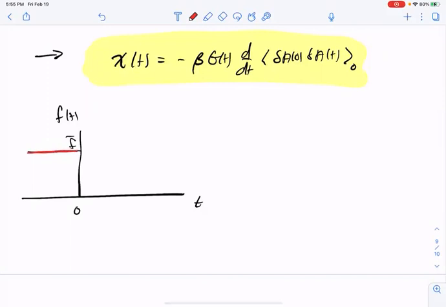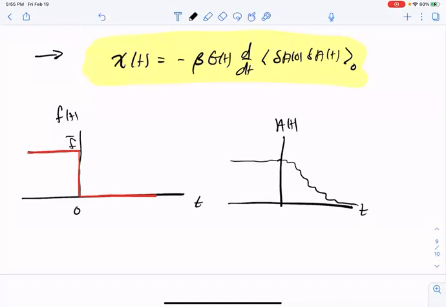We turned it on, we kept it on at minus infinity in time and turned it off at time 0. What we've just uncovered is the way that A responds to that, the way it would relax, is exactly how it fluctuates in the absence of that force.